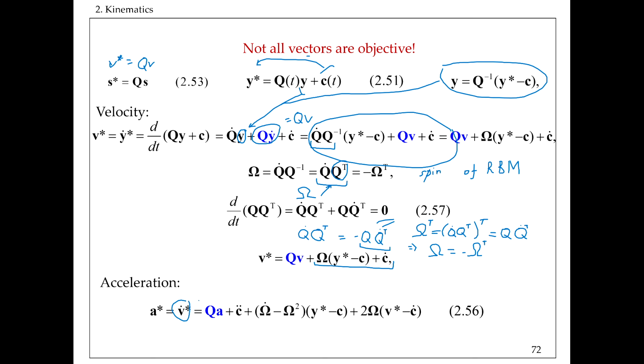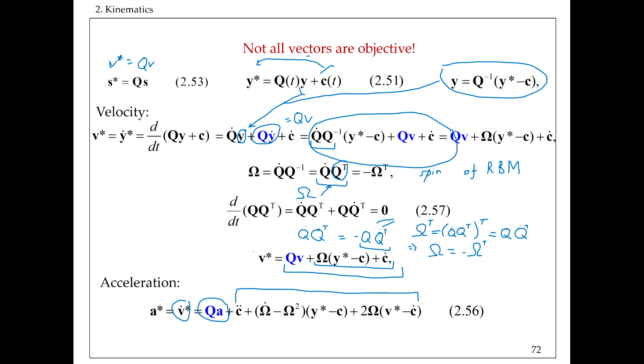We substitute this term here and take the derivative, and one of the terms that will appear is qa, and we would hope that all the rest that comes out of this derivation would be zero.